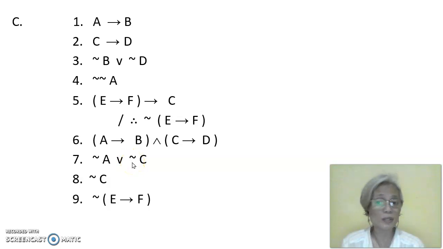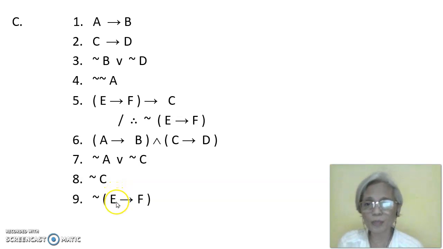Then by applying destructive dilemma to 6 and number 3, we will have number 7. By applying disjunctive syllogism to 7 and 4, so you have not A or not C, you have not A, therefore you will have not C. Or P or Q, you have not P, therefore Q. So that's the formula for disjunctive syllogism.